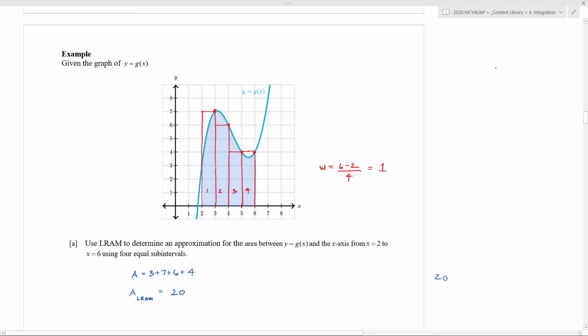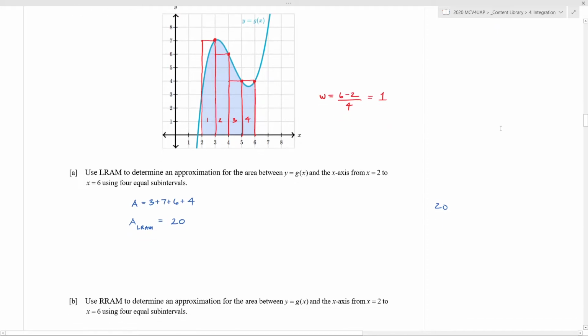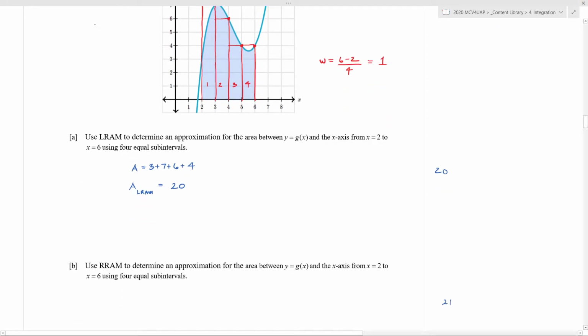So you can see the area is slightly different. But we can write an expression for that area just by adding up the squares. So the area using RRAM is the area of rectangle 1 plus the area of rectangle 2 plus the area of rectangle 3 plus the area of rectangle 4.